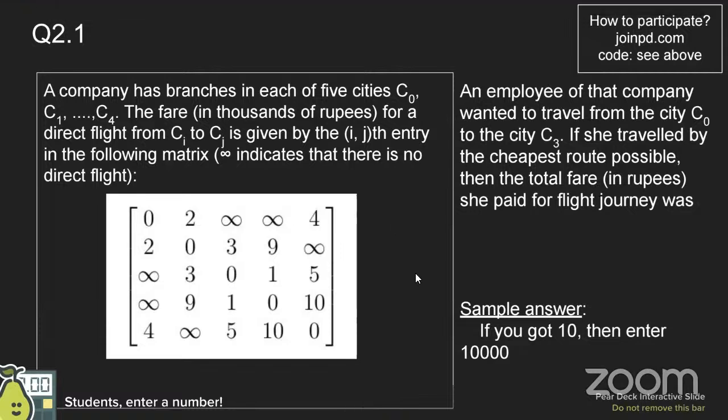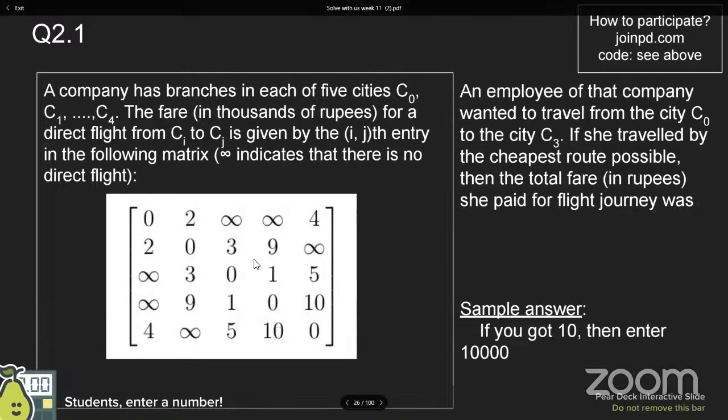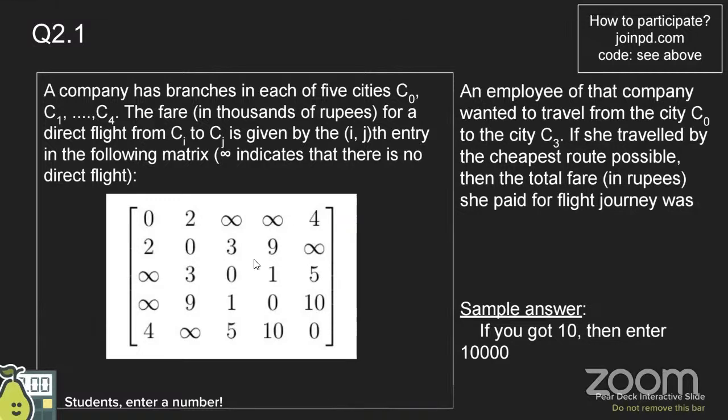If you draw the graph, you can see that there is no negative weight, and it says the cheapest route possible, so the shortest path is used here. So the question is asking what is going to be the money paid per flight journey.